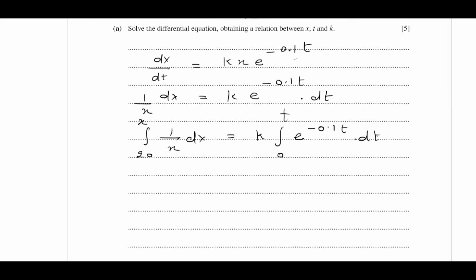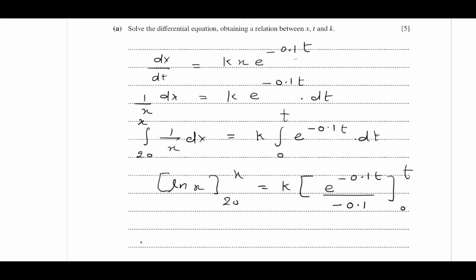Okay, so here I will get a relation: integration of 1 upon x is ln x with limits 20 and x, and on this side, integration of e power minus 0.1 t is e power minus 0.1 t whole divided by minus 0.1, between the limits 0 to t.